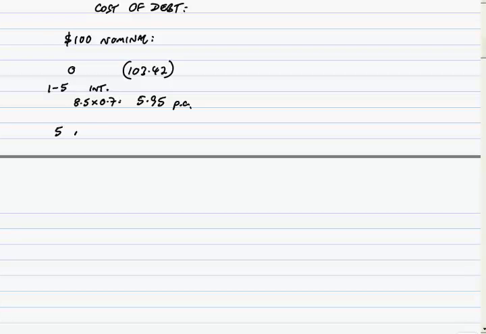In 5 years' time, they'll be redeemed. Redemption is at nominal value, so on 100 nominal, we'll repay 100. I'm doing it on 100 nominal. By all means, you could have done it on the full 5 million nominal, but the final answer would be the same. The cost of debt is the internal rate of return, so 2 guesses and approximate. I'll guess first of all at 5%.